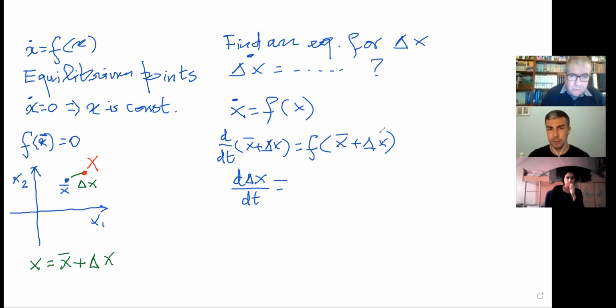Now, what can I do to make some approximation here? Taylor expansion. Taylor expansion in terms of delta x. So what is the Taylor expansion in terms of delta x?